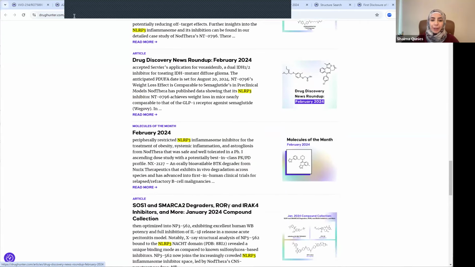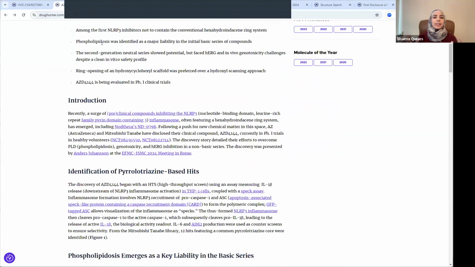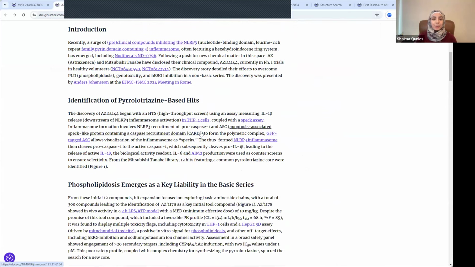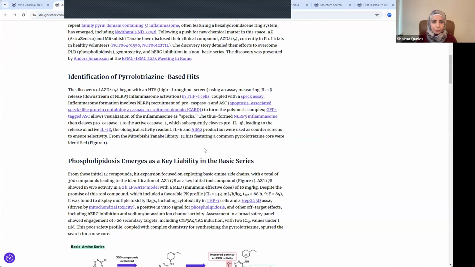So you'll find everything you need to get an idea about the competitive landscape and what has been done for NLRP3. The NLRP3 inflammasome is absolutely a high-interest target now, and there are multiple companies advancing compounds into clinical trials that hold potential to treat a broad range of inflammatory and autoimmune conditions such as IBD, lupus, Alzheimer's disease, and others.